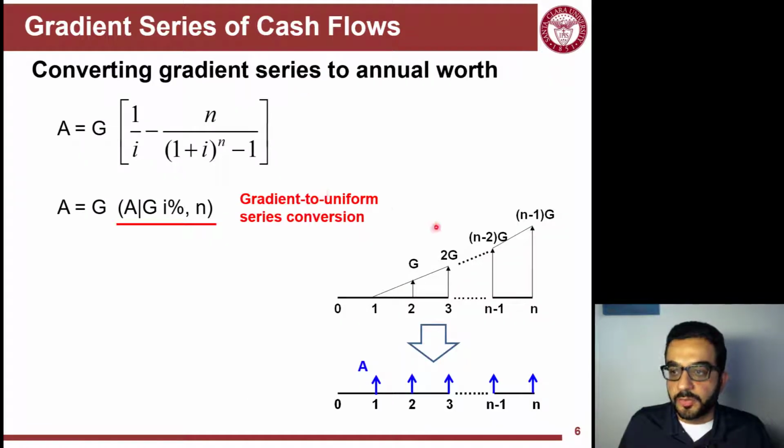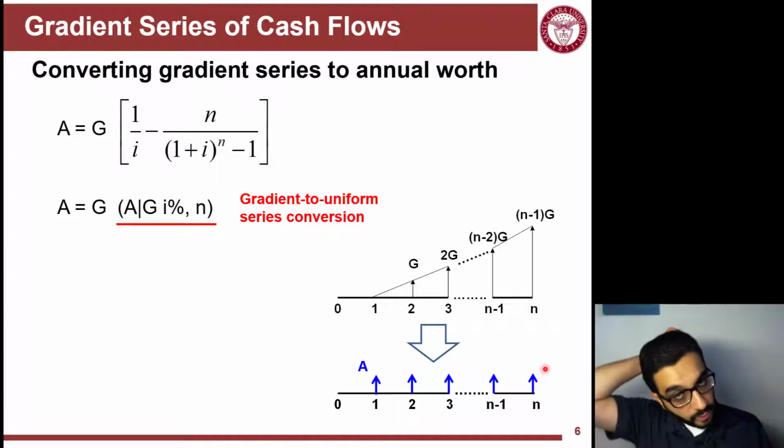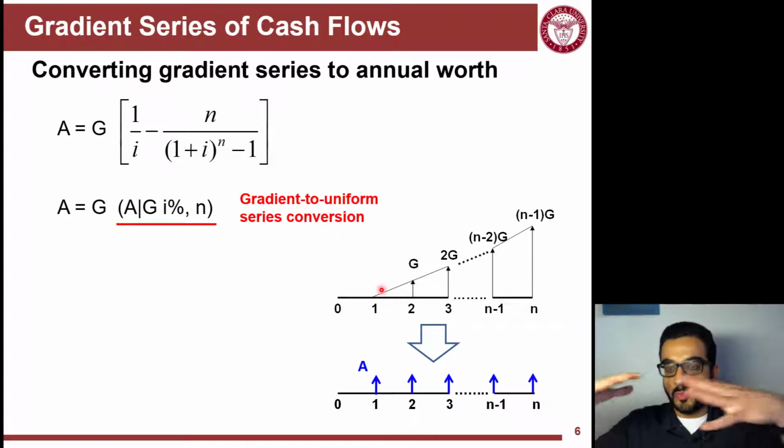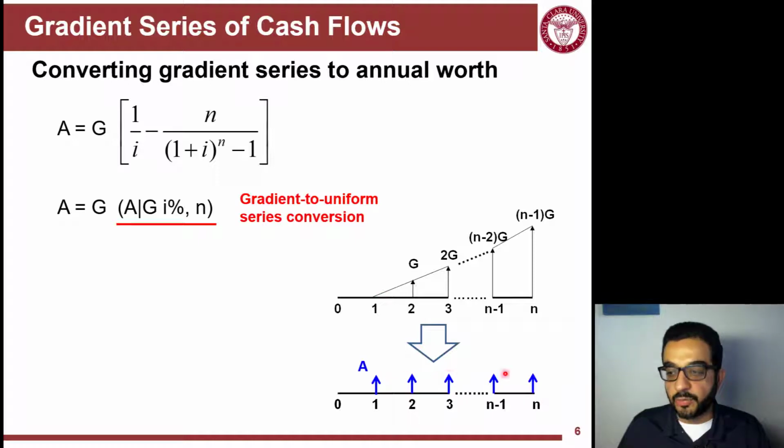Like we calculate the present worth, I will also be able to calculate, which is something new to us, the annual worth or the uniform series worth of this gradient series. I can melt this value over the years, and we'll end up with an equal value equivalent to that triangular, linearly increasing cash flow.